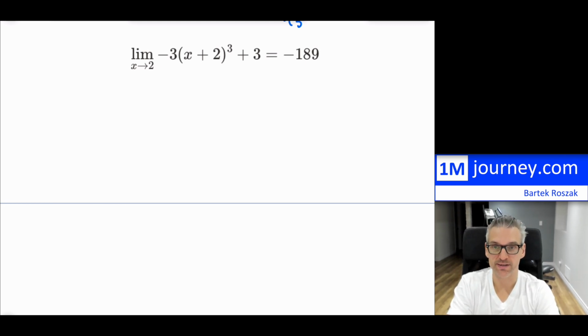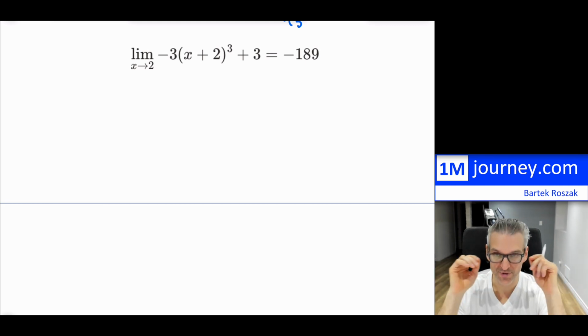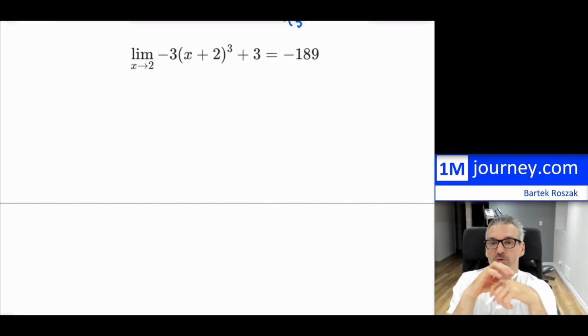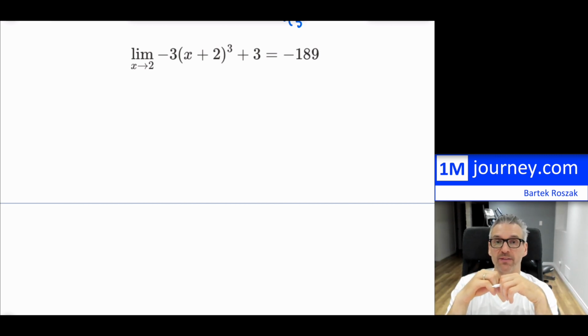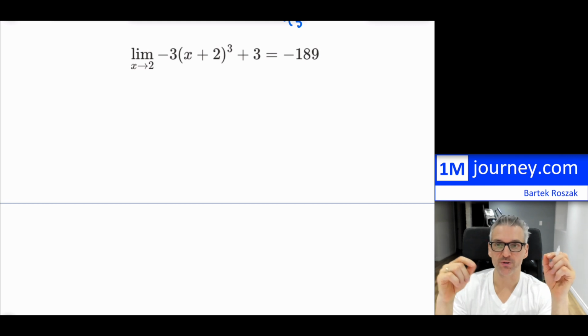Now this one is actually in its transformed form. If you remember transformations from high school, you may recall that you have a parent function, so this is a cubic function, and then you can shift around, up, down. You can do translations back and forth.